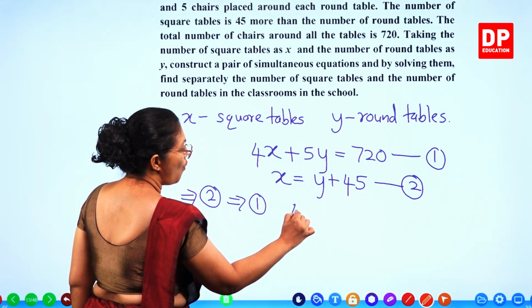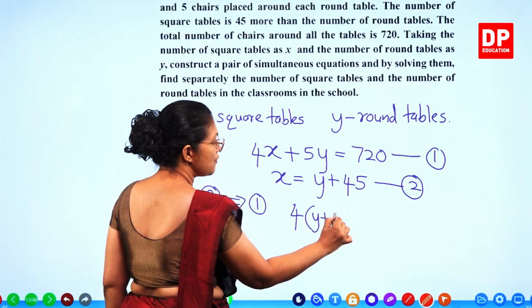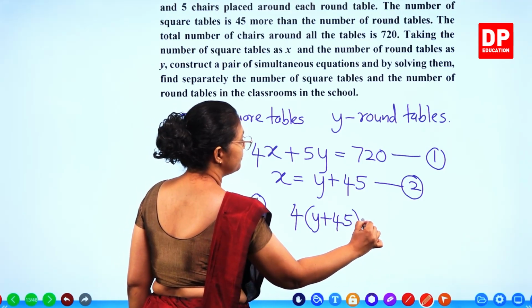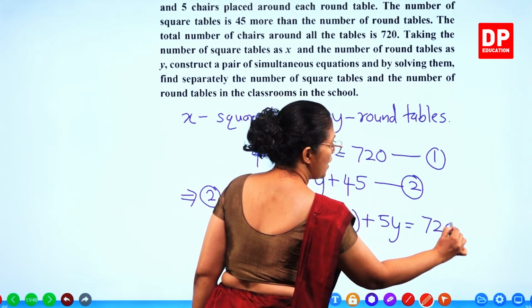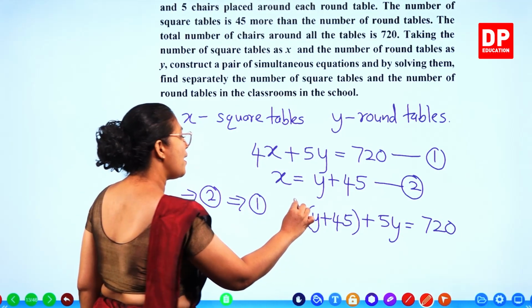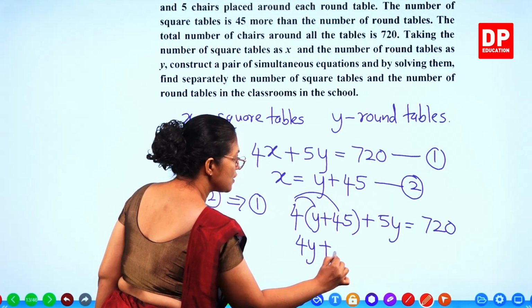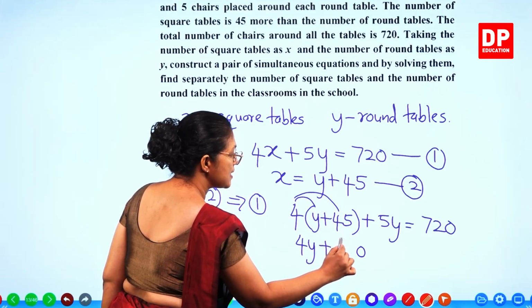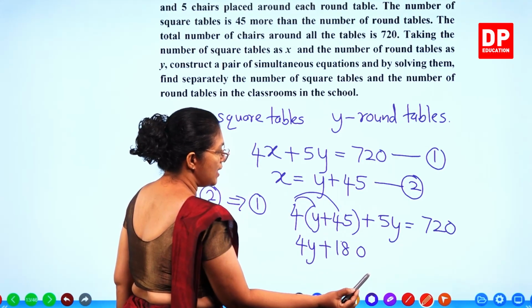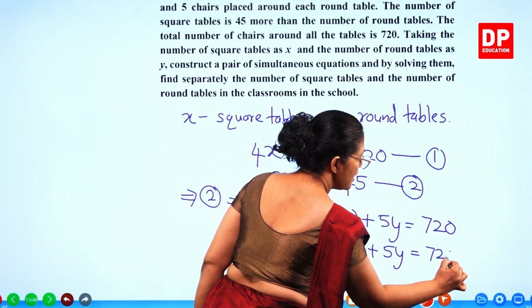So I can write y plus 45 instead of x, then plus 5y equals 720. Now expand brackets. 4 times y, 4y, 4 times 45, 4 times 5, 20, 4 times 4, 16, plus 2, 18, hence 180, plus 5y equals 720.